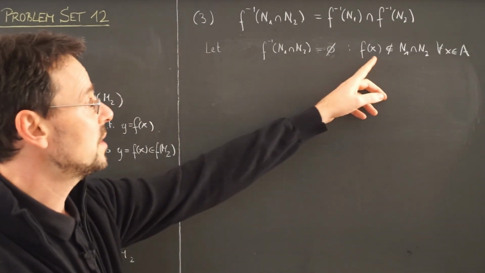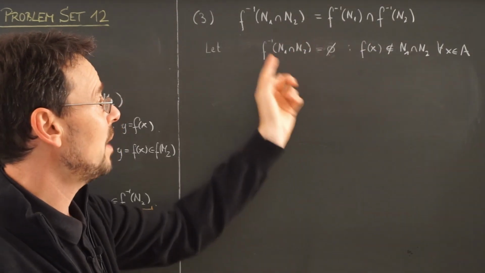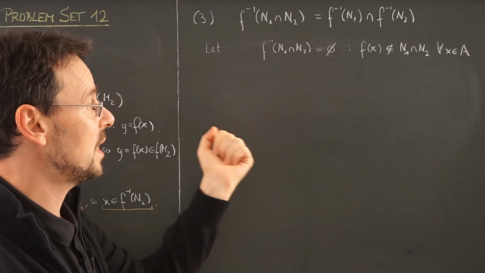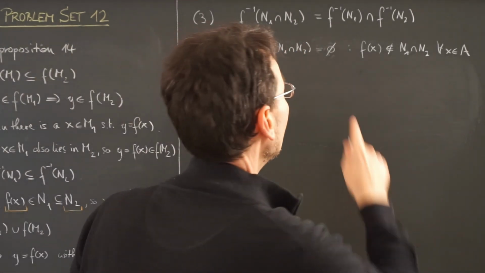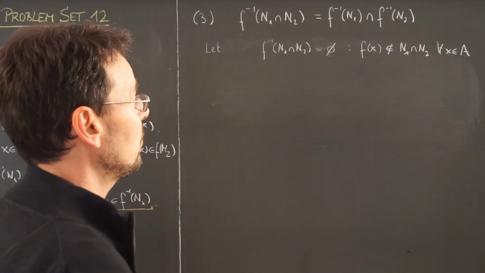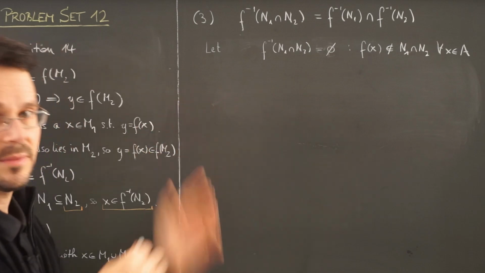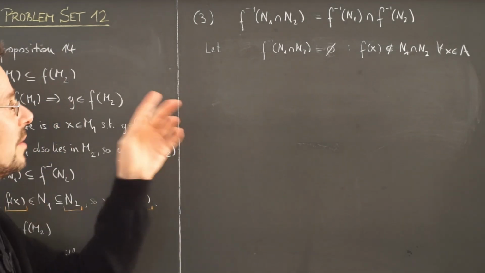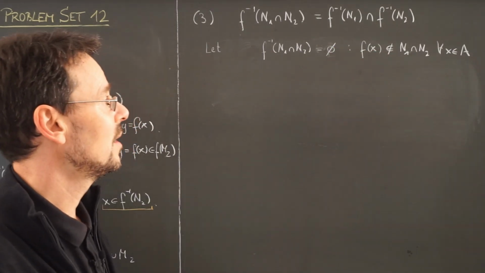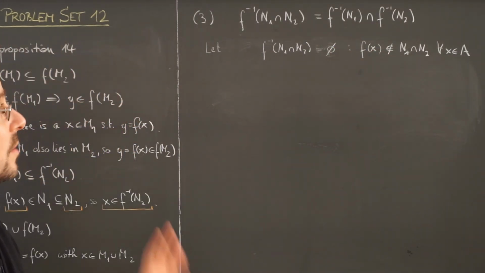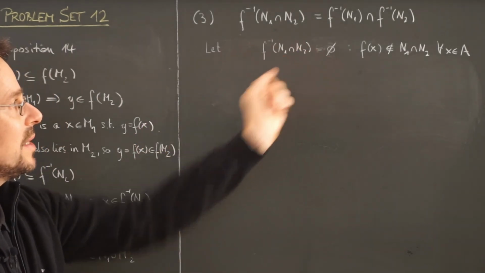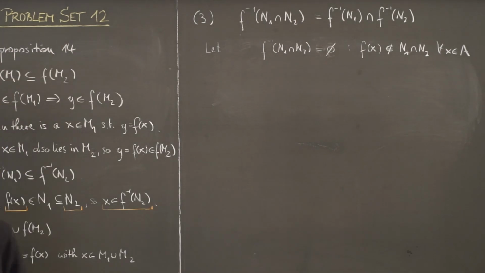This by definition means that no element x can be mapped in here, because otherwise x would be an element of this set here. So in this case we need to show that this intersection also is empty, and this goes exactly as we did before. All right. But here the special cases are actually not so trivial. You still have to understand the definitions here. So in the special cases where empty sets occur, this equality holds.